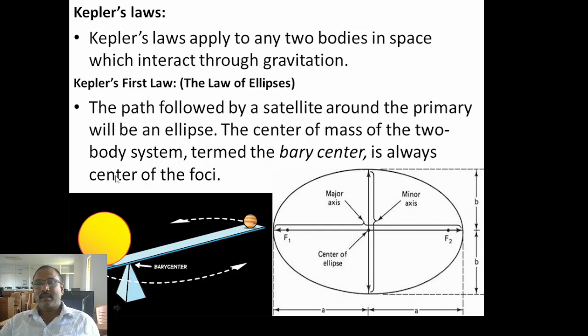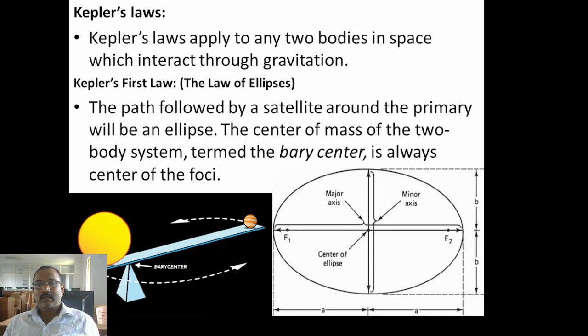So when you compare the Earth or the planets with the sun, all the planets revolve around the sun in elliptical orbits, having the sun as one of the foci.